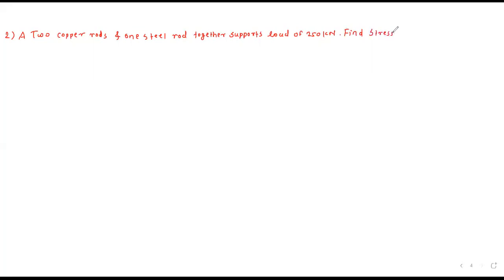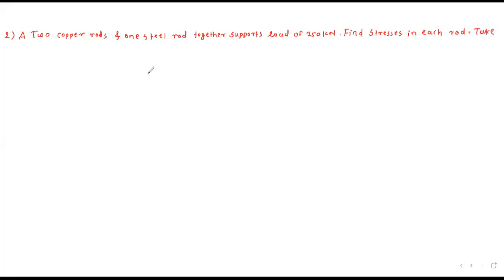Two copper rods and one steel rod together support a load of 250 kilonewton. Find stresses in each rod.